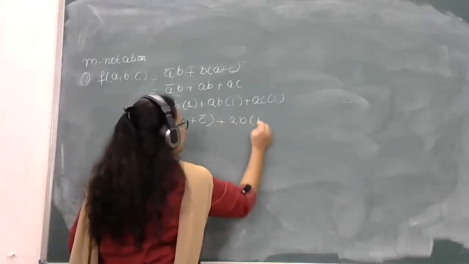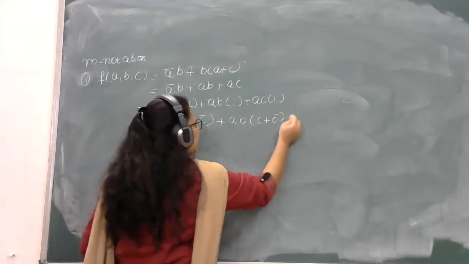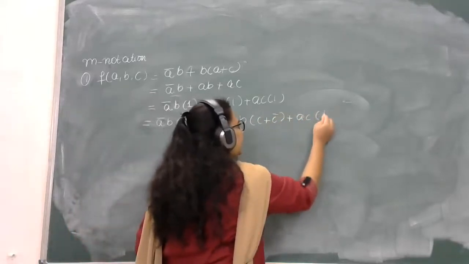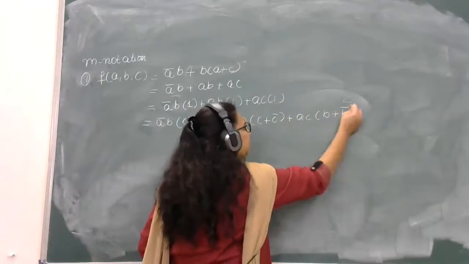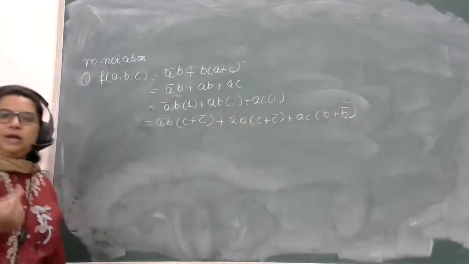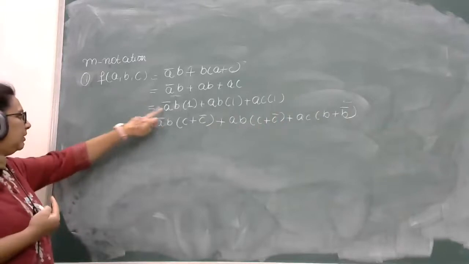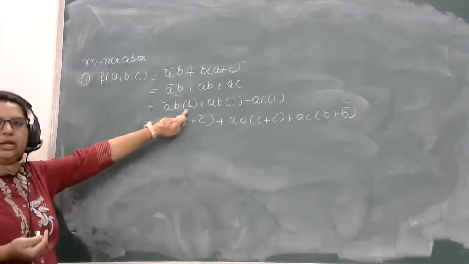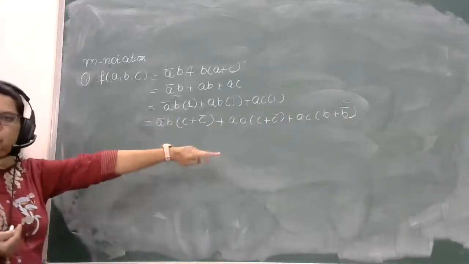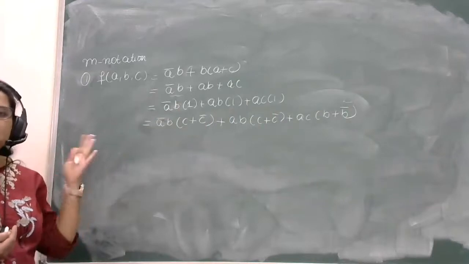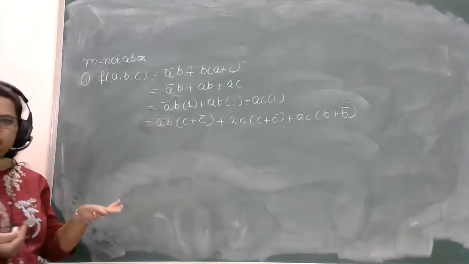Here also it is C plus C bar, and here it is B plus B bar, right? Observe the modification we did. I wrote 1 with it, and that 1 is written in this form. Whichever literal is missing in that term, write that literal form.